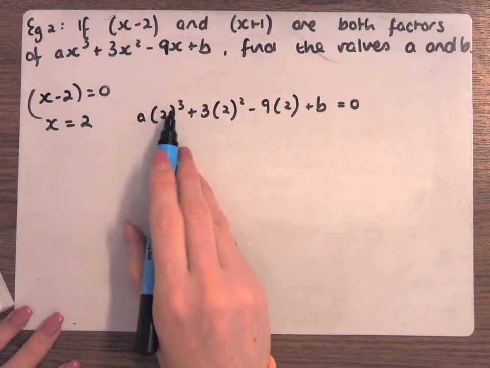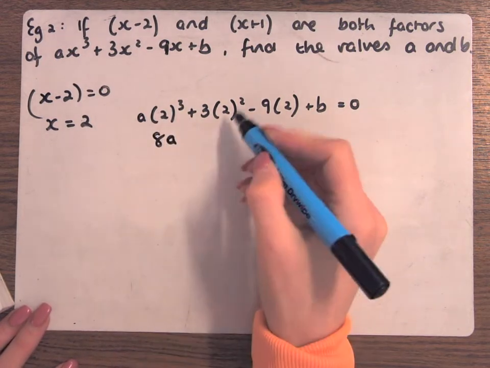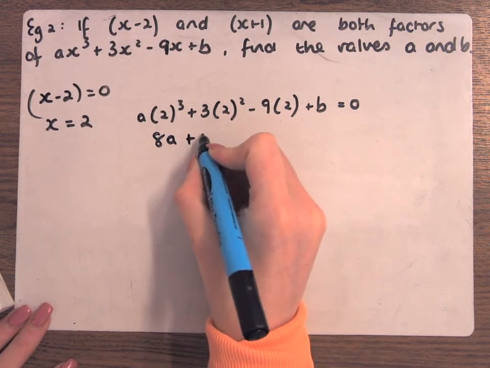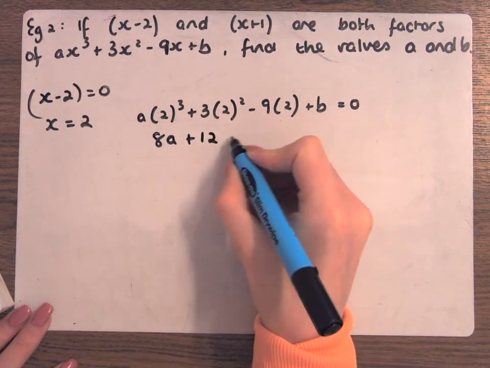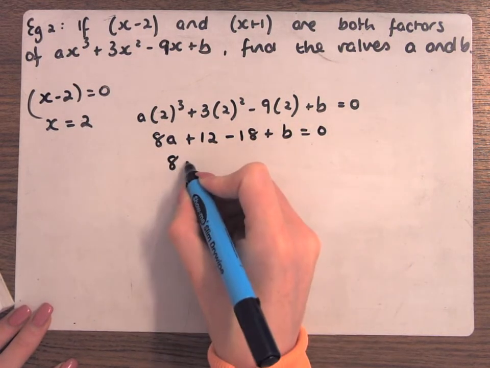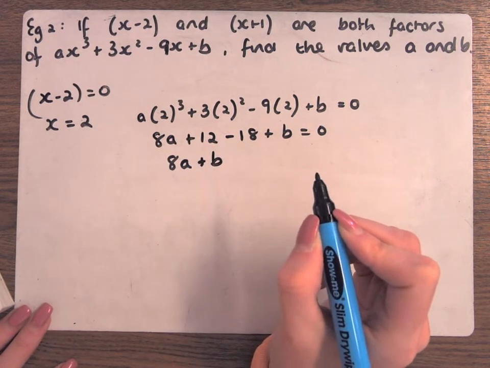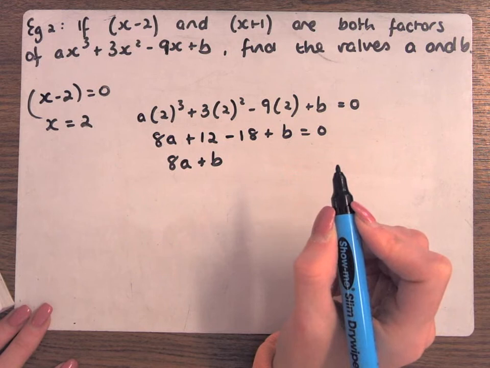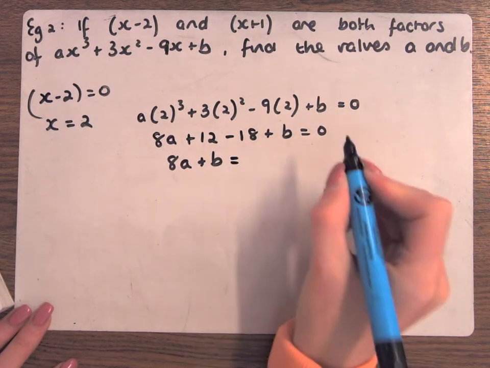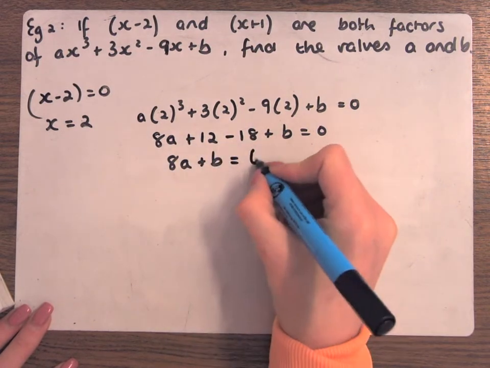What's 2 cubed? 2 by 2 by 2? 8. 2 squared is 4. 4 threes is 12. Minus 18 plus b is 0. How are we going to solve this? Simultaneous. We've got an a, we've got a b. So generally, here I have minus 6, and I bring it over, it becomes plus 6.